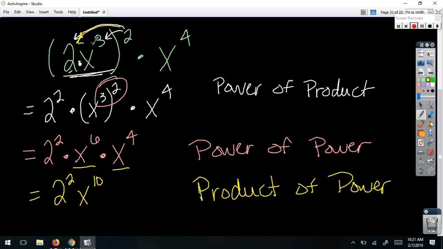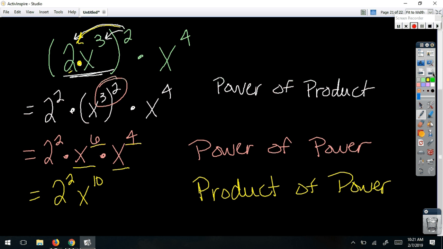It was my exponent there, so she distributed. 10 is 6 plus 4. Wait, so in this, the two only distribute to the exponent, right? It distributes to everything inside the parentheses that's being multiplied.